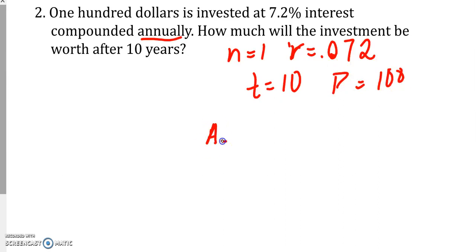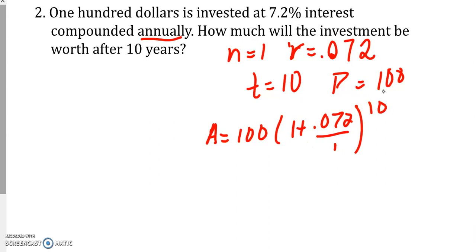So it's literally A equals 100(1 + 0.072 divided by 1 if you need to) raised to the 10 times 1. And you literally plug that in a calculator as is, and your $100 turns into $200.42.